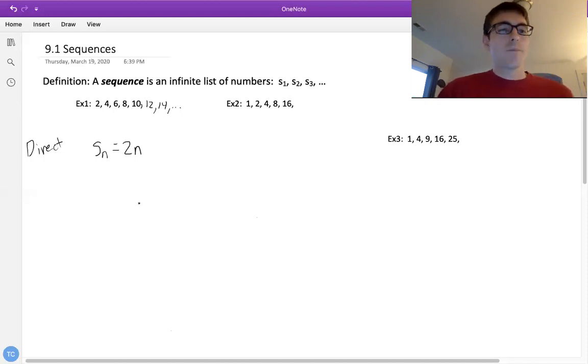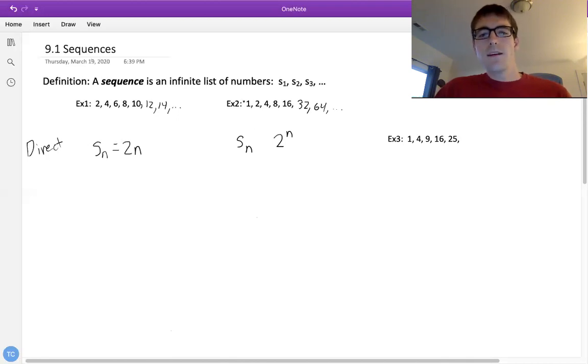Okay, so looking at example number 2, here the pattern is we've got 1, 2, 4, 8, 16, 32, and if we're continuing this pattern in our head, 64, etc. What we're doing each time is we're multiplying by 2. So the direct way of writing this would be that our Sn is going to be 2 to the power of n.